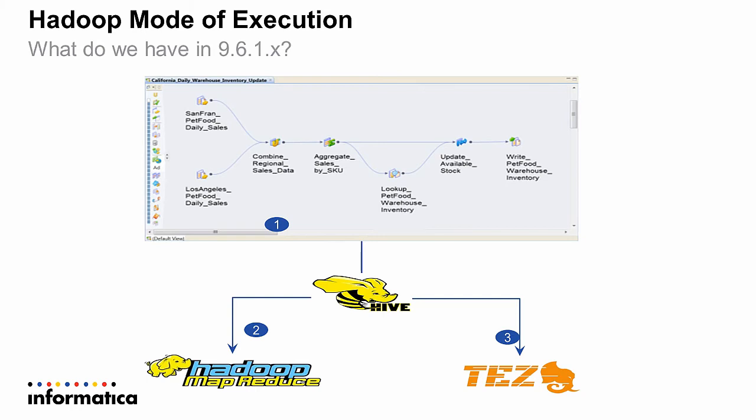It will take that optimized Hive QL and submit it to the Hadoop cluster, and you would have an option to run it through Hive on MapReduce or Hive on Tez, which is great for processing, right? So you would be able to support these two types of processing frameworks.